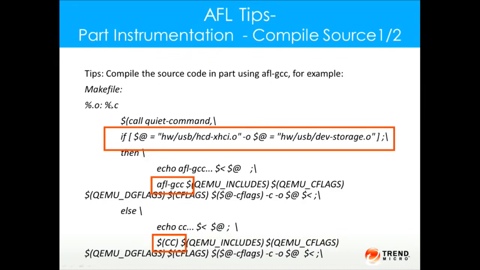For every source code, we only care about the HCD, xhci.o related source files. If we find this kind of source file, we will use AFL GCC to compile it with instrumentation. Otherwise, we will use the traditional CC to compile the source code.